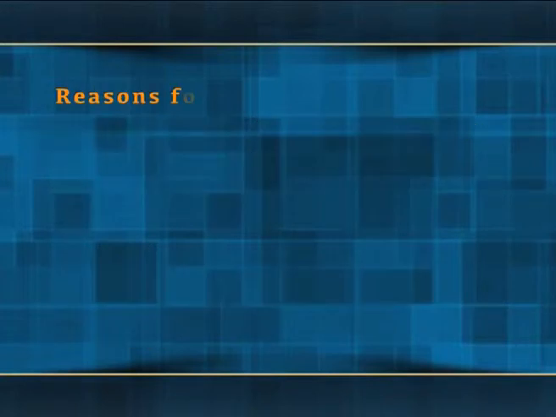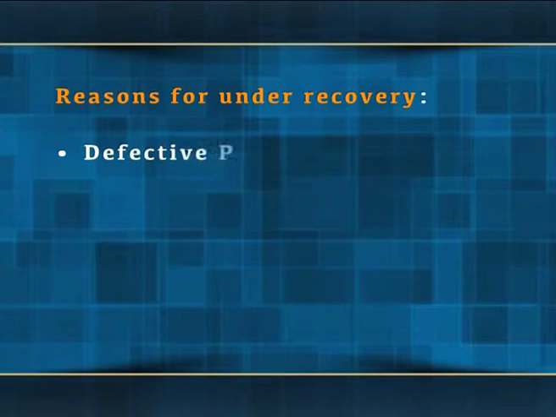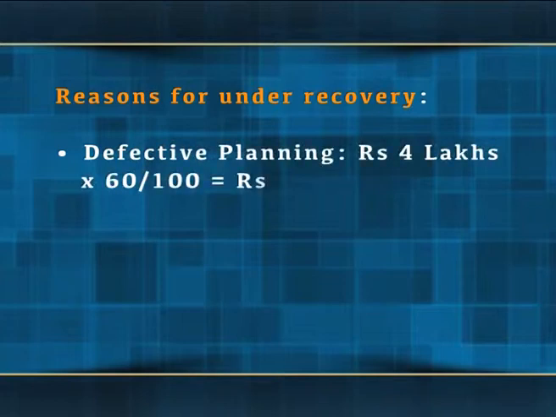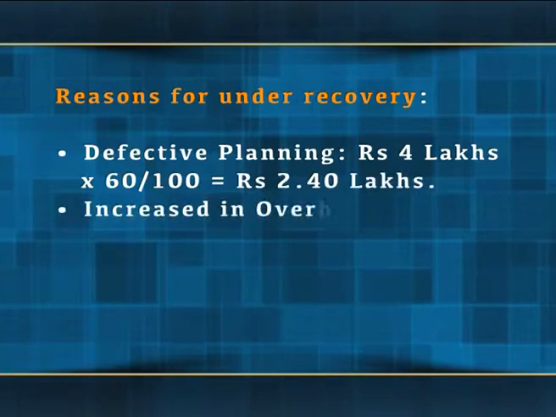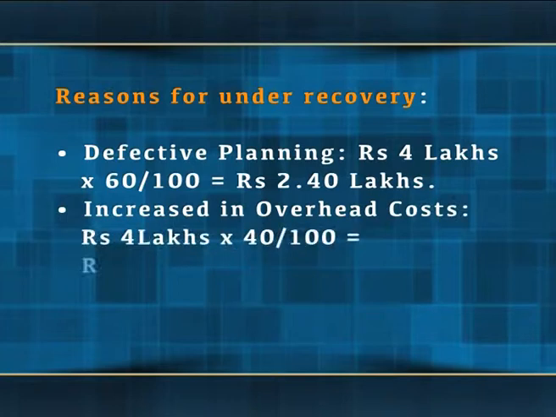The reasons for under recovery are: 1. Defective planning, Rs 4 lakhs into 60 divided by 100 is equal to Rs 2.40 lakhs. Number 2. Increase in overhead costs, Rs 4 lakhs into 40 divided by 100 is equal to Rs 1.60 lakhs.